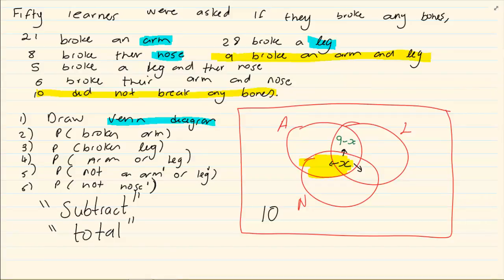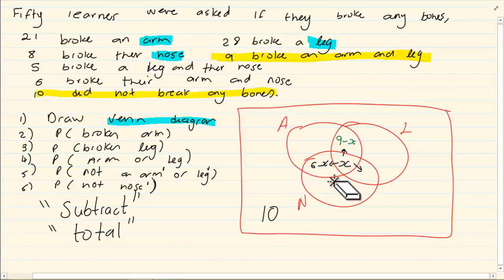So if I am doing this part, then it has to be 6 minus x, because when I'm totaling, then it must equal 6. So 6 minus x plus x gives me 6. Now you're done with arm and nose.